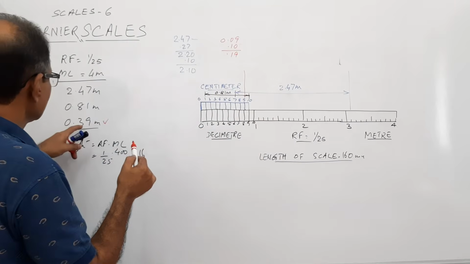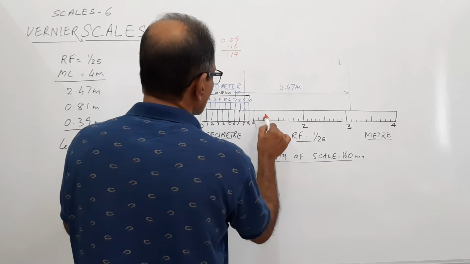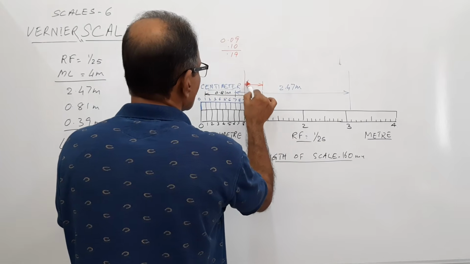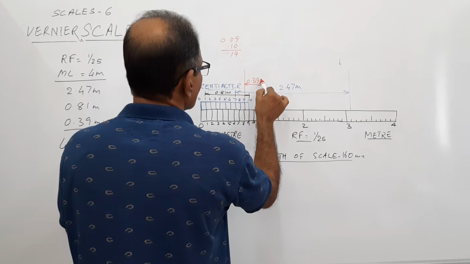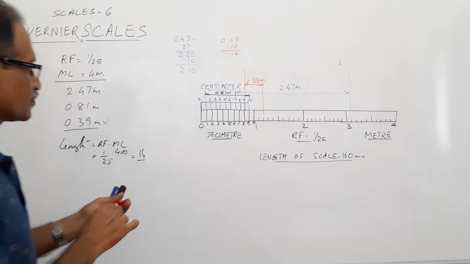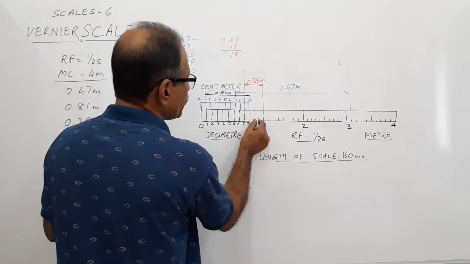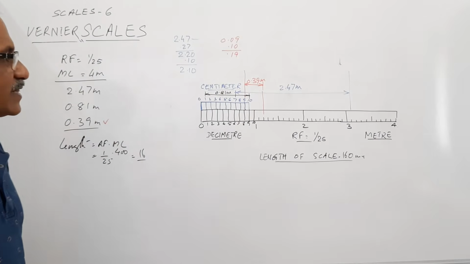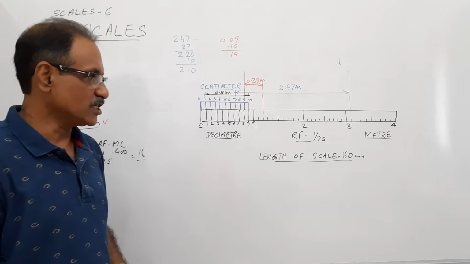You need 0.39. 0.2. 0.1, 0.2, 0.3, 0.39. That is how you show the distances.